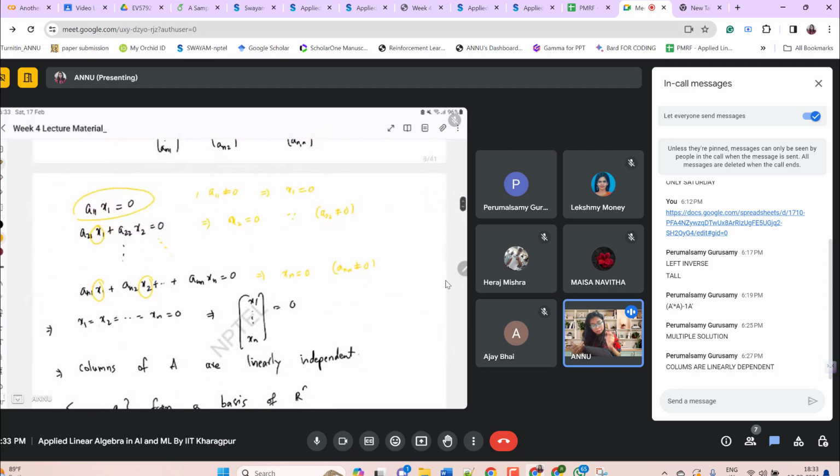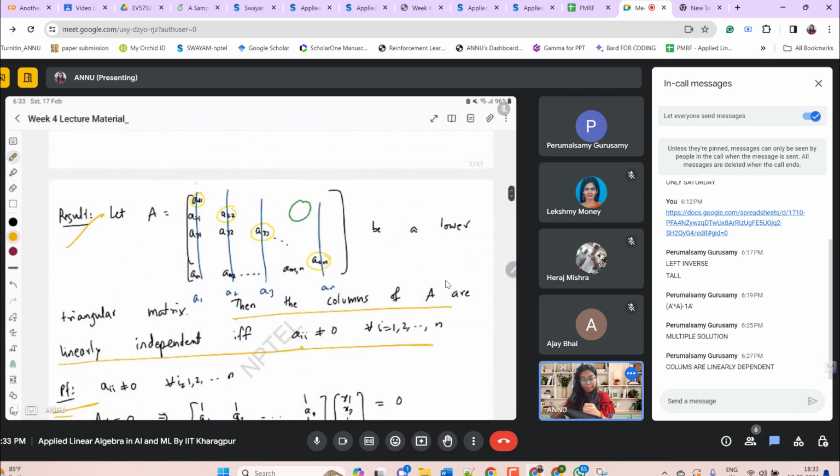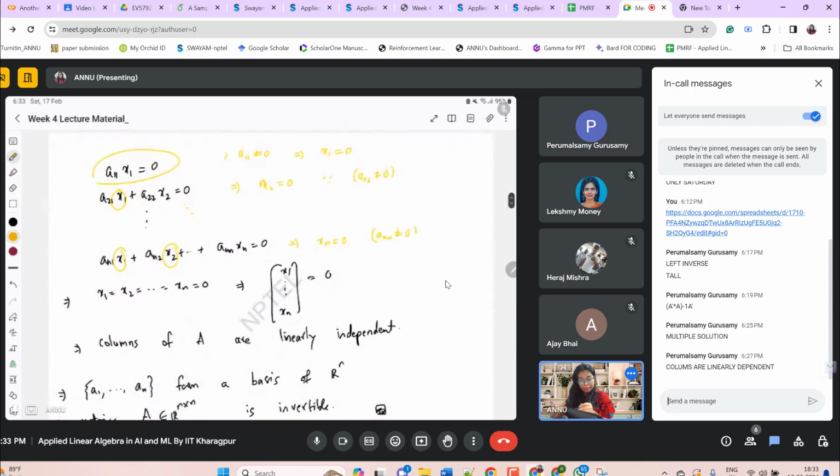It's very straightforward. To prove whether the columns are independent or not, we check a1 x1 plus a2 x2 plus a3 x3, where x1, x2, x3 are the columns of the matrix. It equals 0 if and only if a1 equals a2 equals a3 equals 0. Take the first as the first column, the second as the second column, and the third as the third column, and prove it by association.